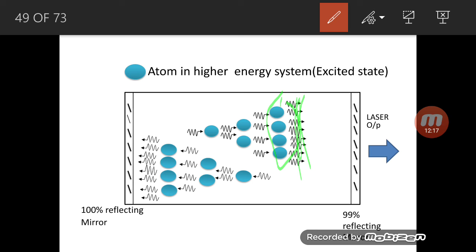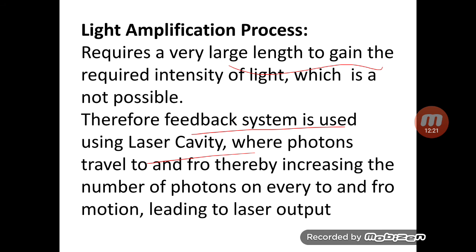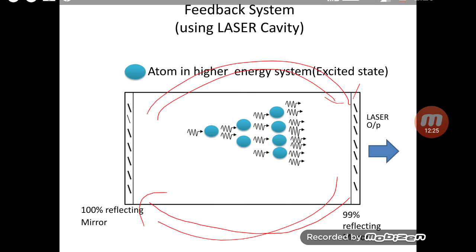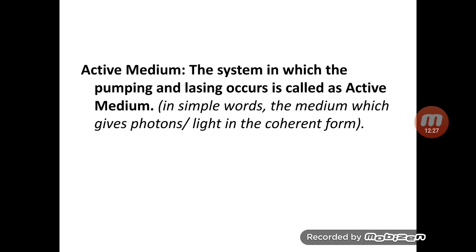Let us see how it is described here. Active medium is the system or the medium in which the pumping and lasing occurs. In simple words, the medium from which we get the light or photons is known as an active medium.